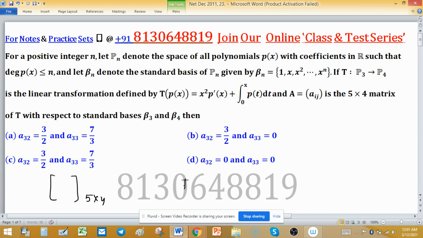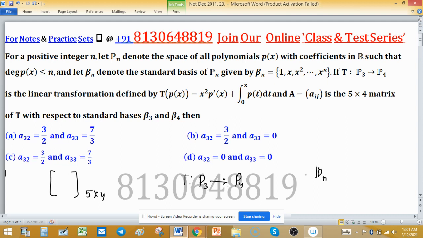As T is defined from P3 to P4, and we know that the dimension of Pn is n plus 1, the dimension of the domain is 4 and the dimension of the codomain is 5.